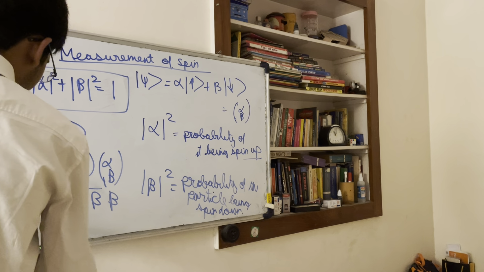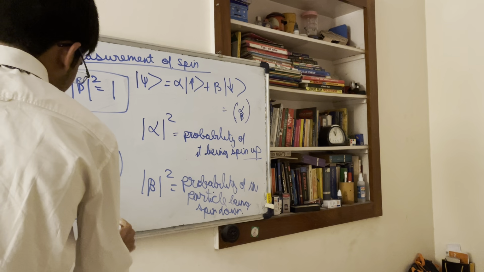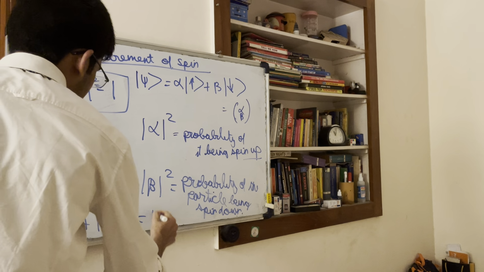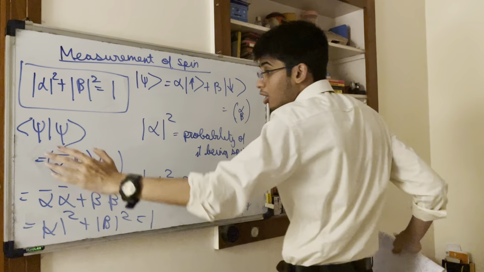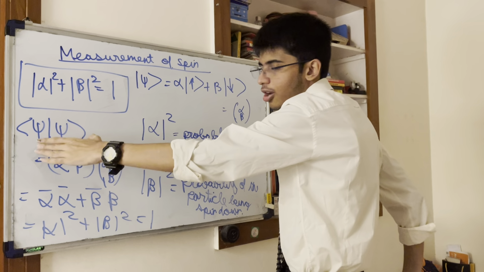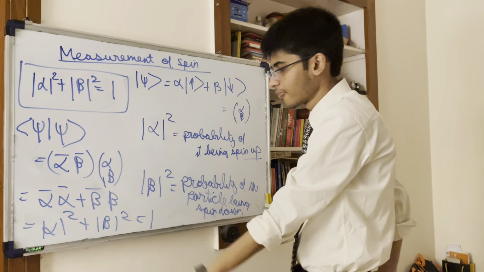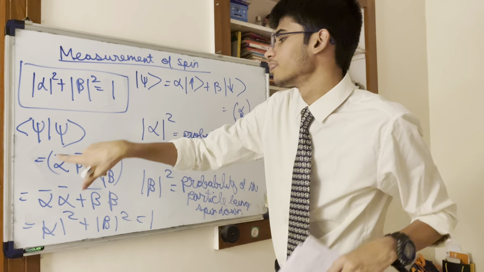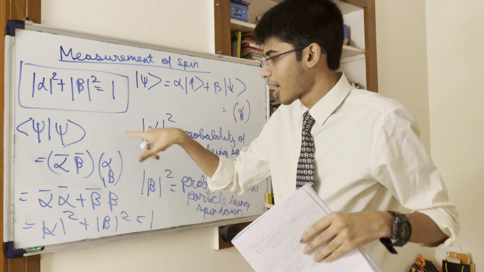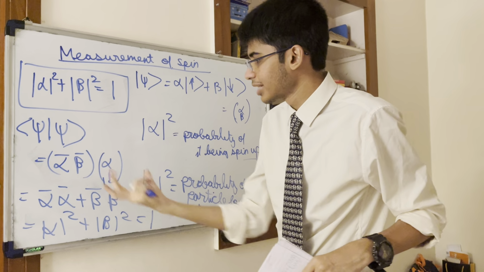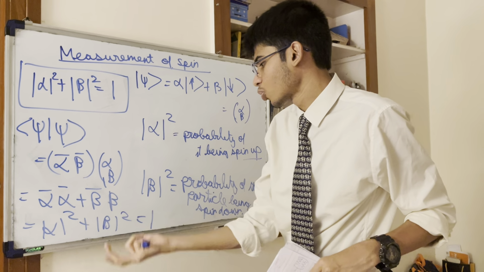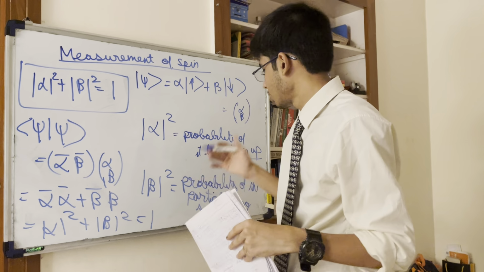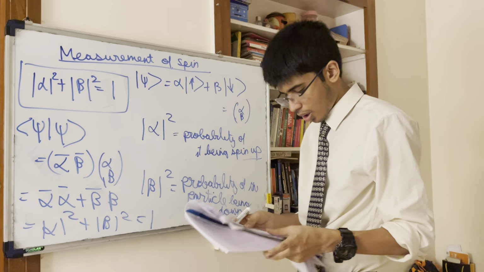This will be alpha squared plus beta squared, which will be 1. So the inner product of a wave function with itself is 1. We multiplied it with alpha star, beta star, expanded the components, got alpha squared plus beta squared, and because we know it has to be 1, we've proven that it's equal to 1.